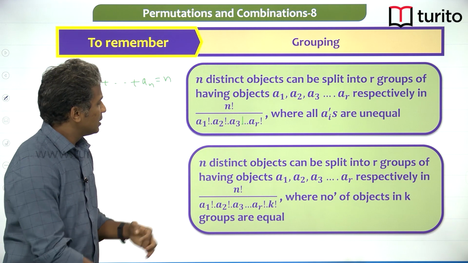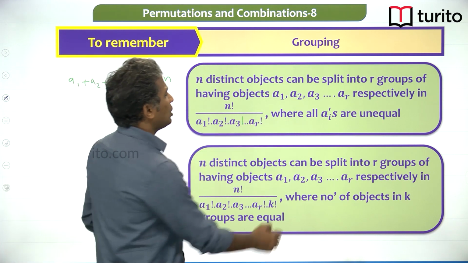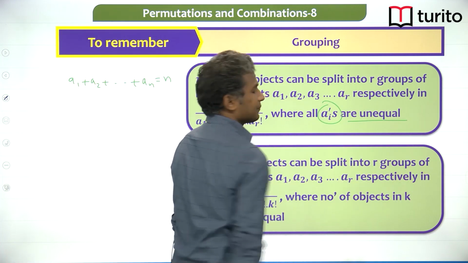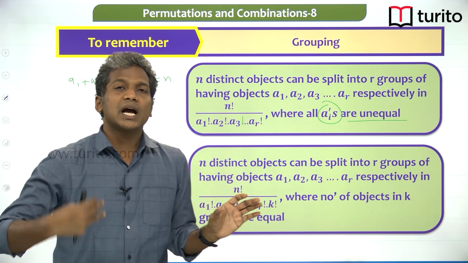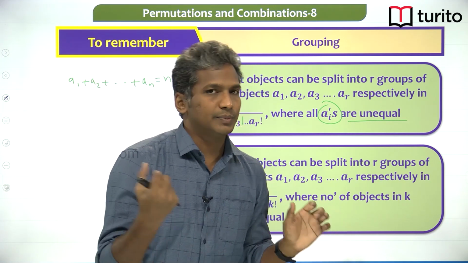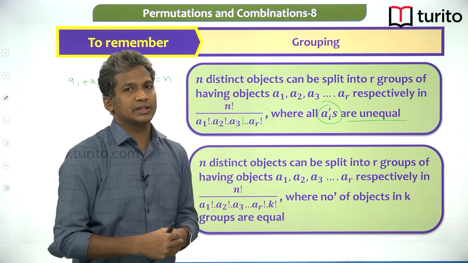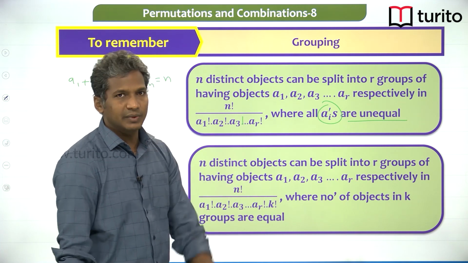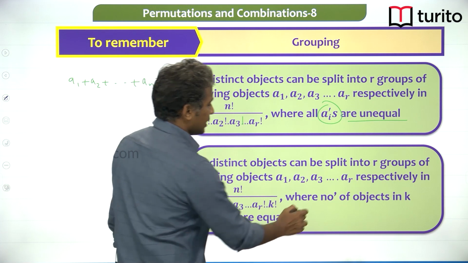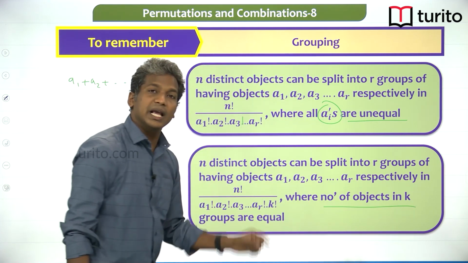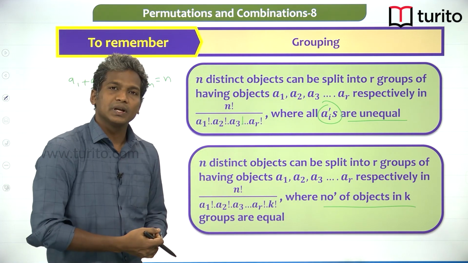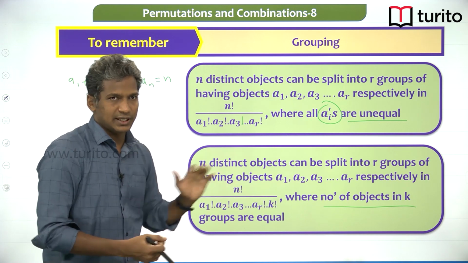Now here all the A's are unequal, which means every group is having a different number of objects. What if some groups are having the same number of objects? Then we have to divide with the symmetry. So let us take a case where the number of objects in k groups are same.